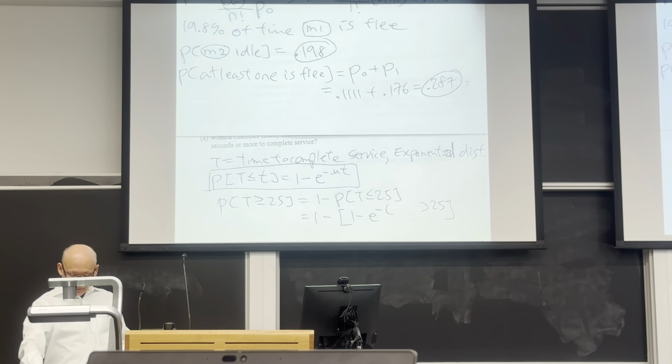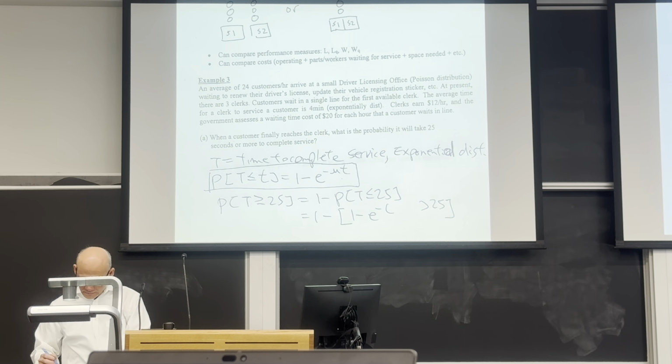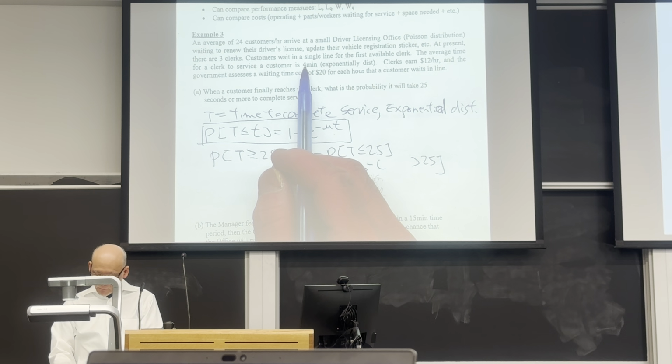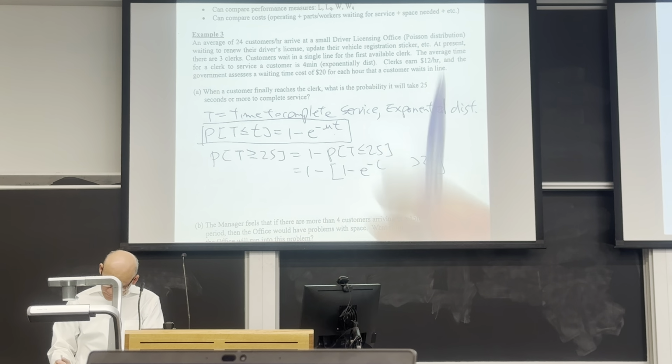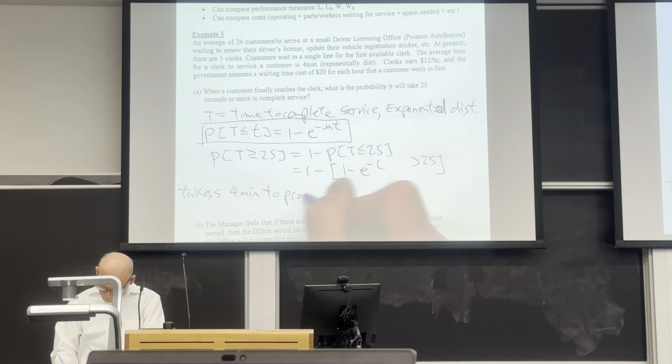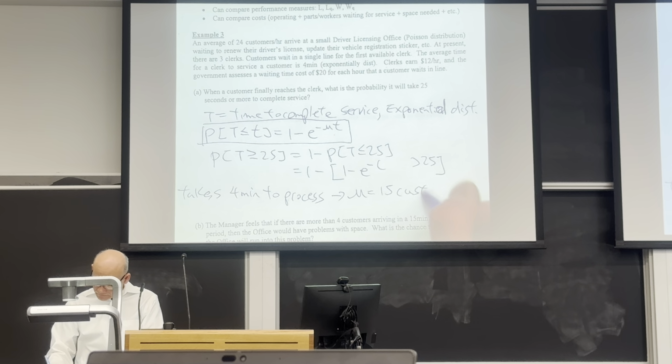So we will need to calculate mu, the so-called service rate. We're told that it takes 4 minutes to process a customer, and so the service rate, mu, is 15 customers per hour, so 60 divided by 4.